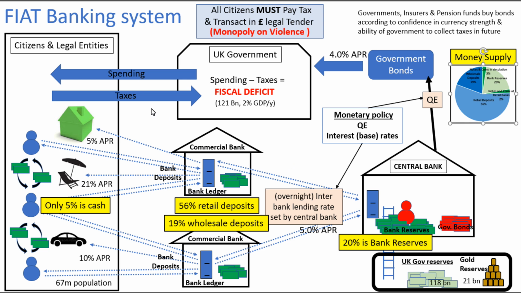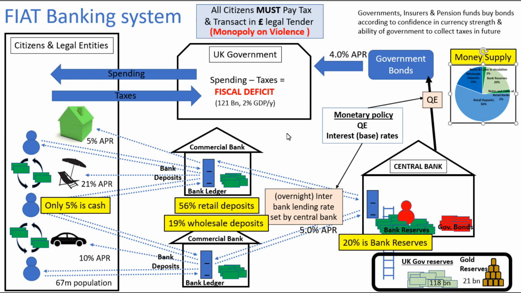But the fiat banking system works because even though fiat money has no tangible value, it has immense psychological value, because every individual and every legal entity within a state has no choice but to transact using the legal tender, and has no choice but to pay taxes.